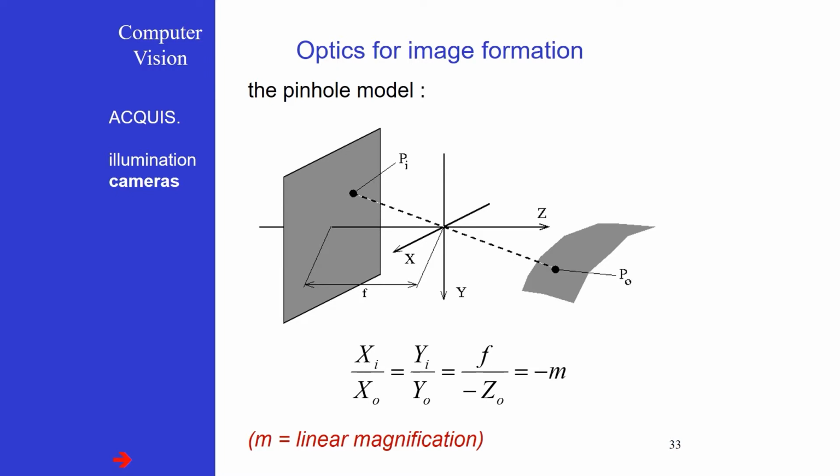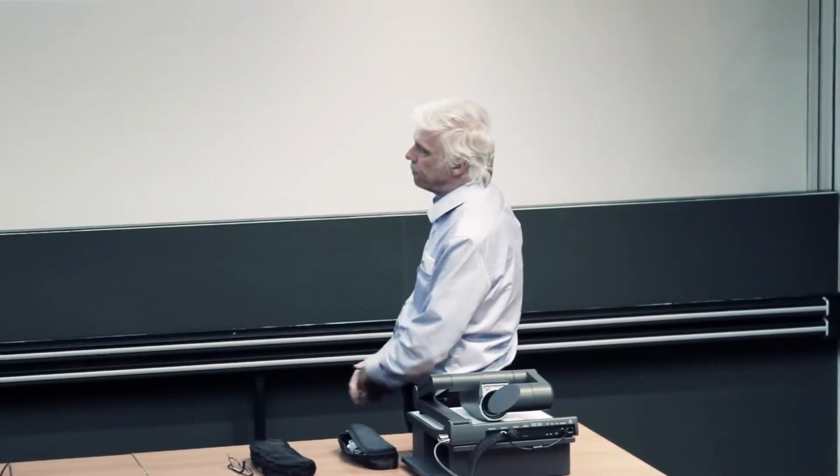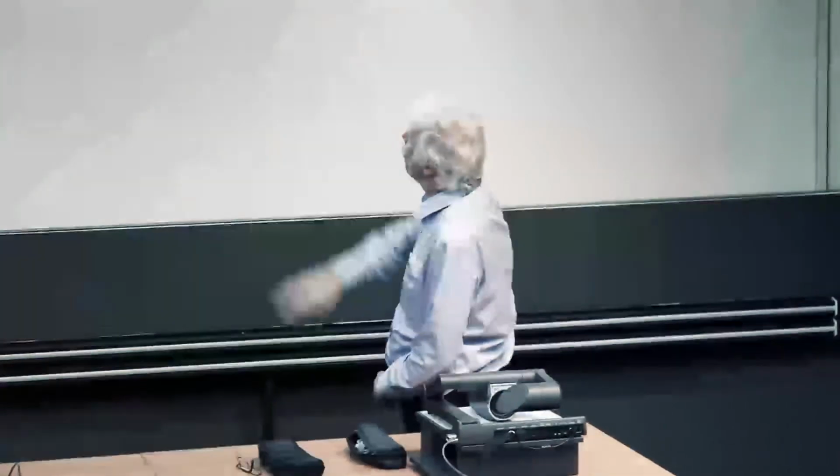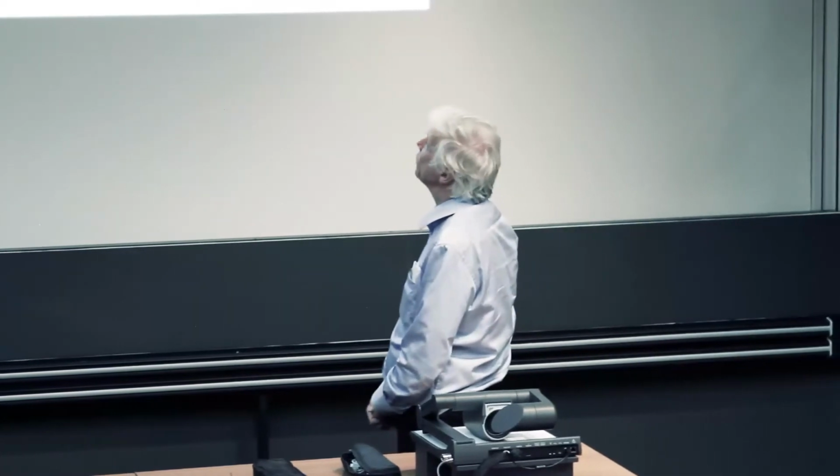And similar triangles show us that these ratios are all the same. Notice the minus sign because we have different signs for F and ZO here, if you want F to be positive. But actually it's of course a negative depth. We call that the magnification or the linear magnification of this system.